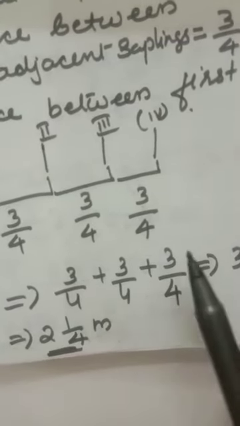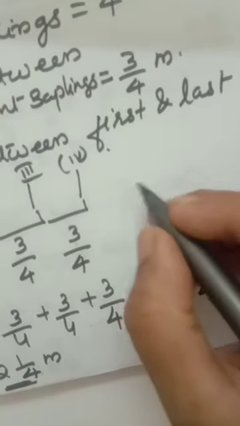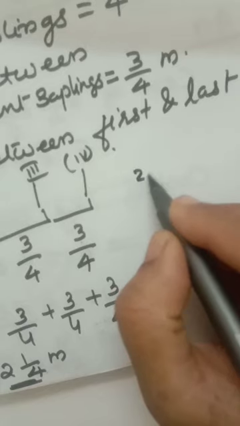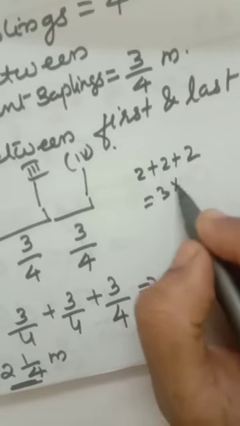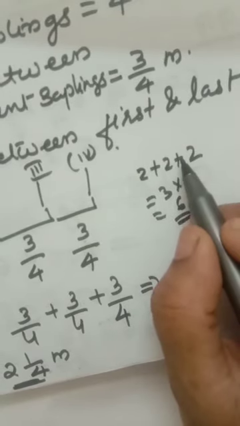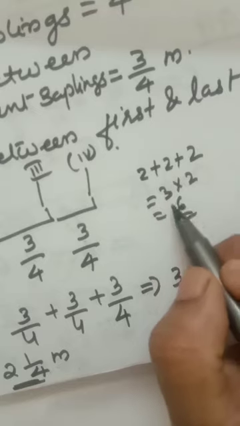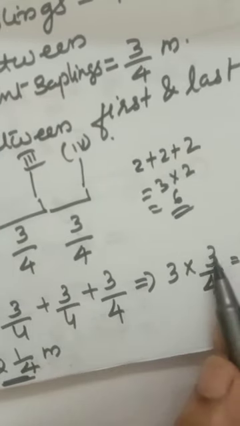Children, I wrote 3 into 3/4. In smaller classes you studied 2 plus 2 plus 2, 2 added 3 times, better you multiply 3 into 2. Like that only, 3/4 added 3 times, better you multiply by 3.